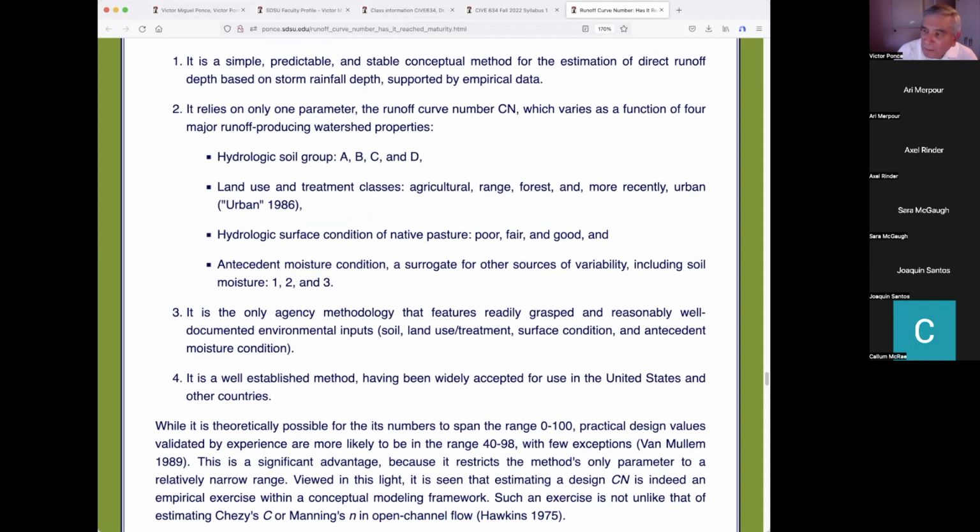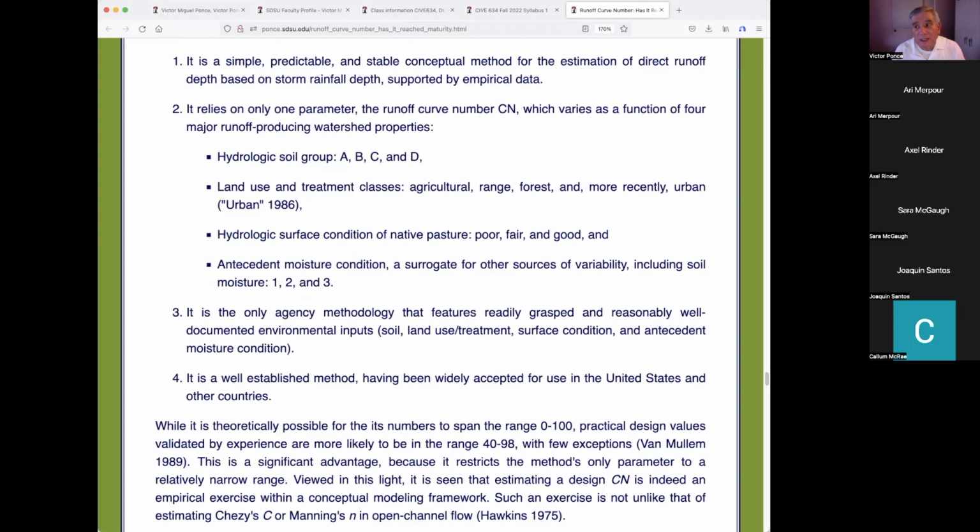Interestingly, though, the method was developed for agricultural uses because the Soil Conservation Service was an agricultural agency, Department of Agriculture, okay? Since its development back in the year 1954, other segments of the federal government, namely range and forest, and more recently urban, not federal government, the cities, have decided to use the method.